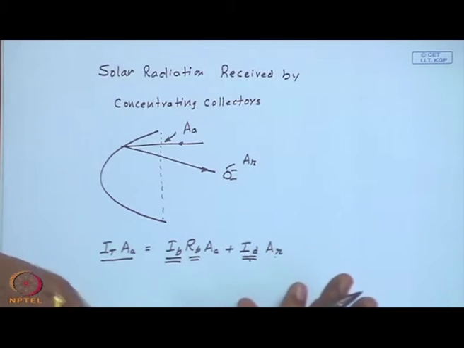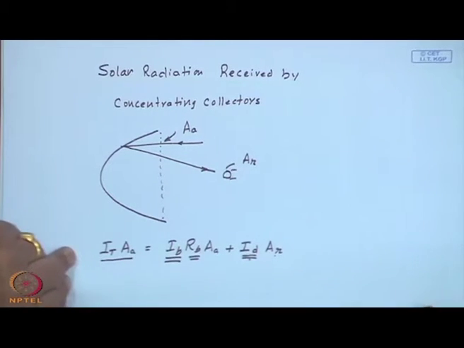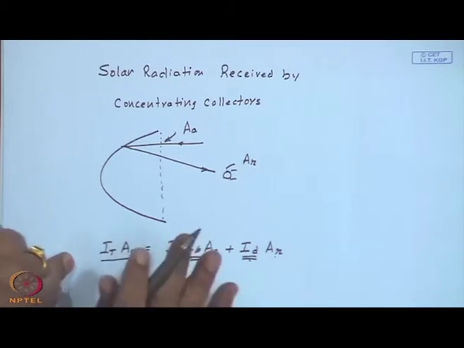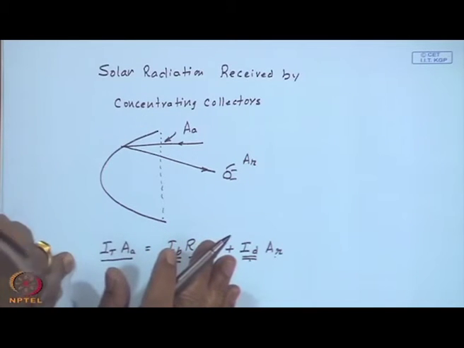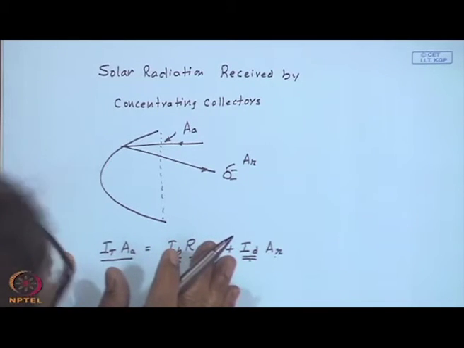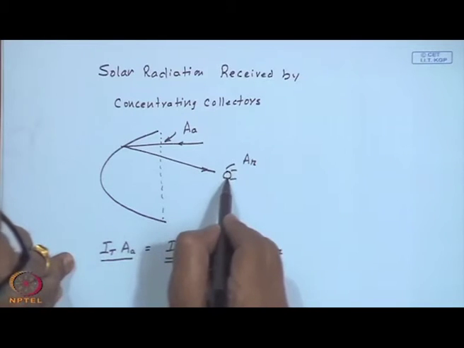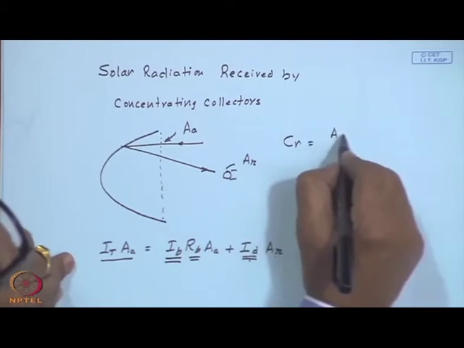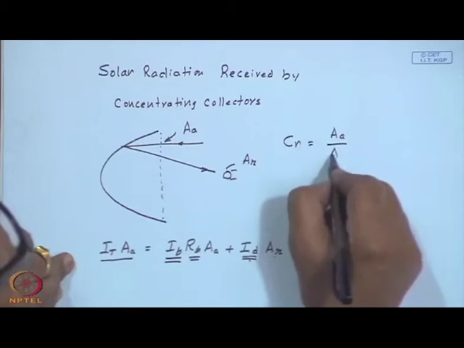This is all the difference between the flat plate collector and the tracking collector, and we deliberately write it in terms of the area of the aperture, because that is what is going to indicate how large the collector is, and depending upon the area of AR, the ratio is going to give us what is called the geometric concentration ratio. CR is AA upon AR.